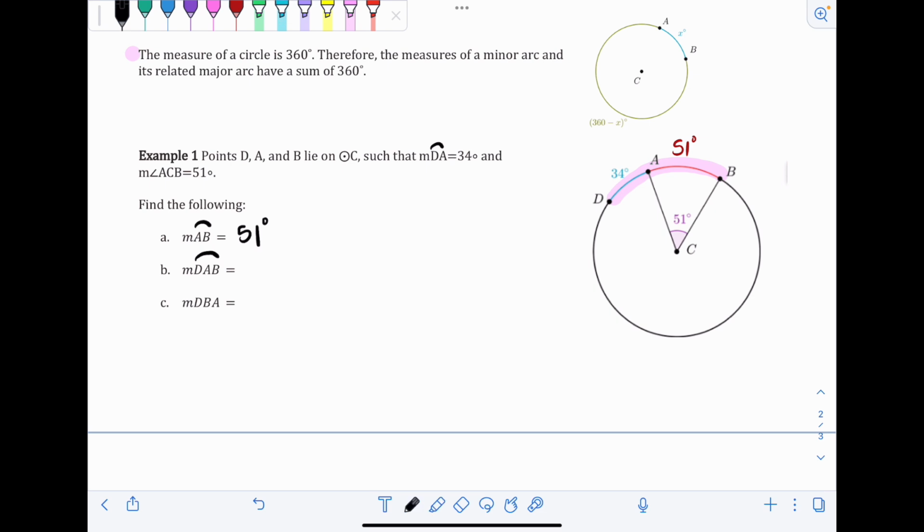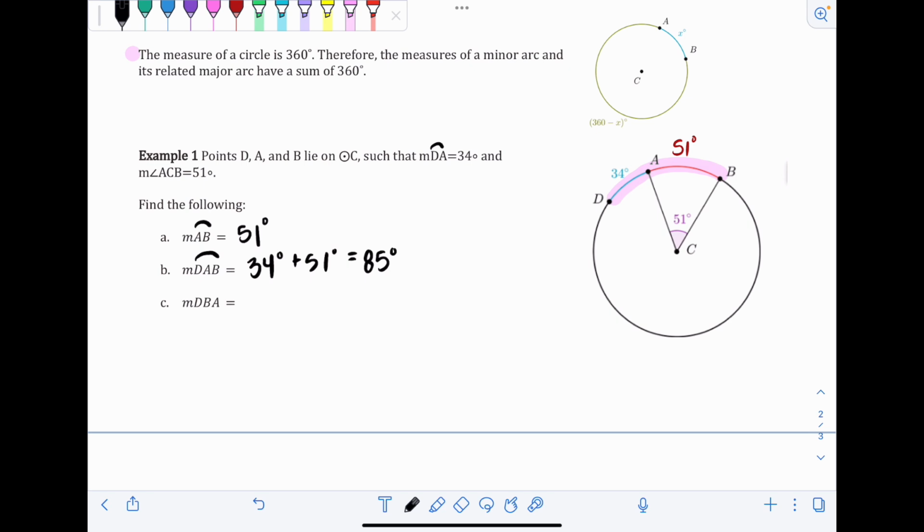So we would just have to do 34 degrees plus 51 degrees to get arc DAB. So 34 and 51 is 85 degrees. So the measure of arc DAB, the two combined ones, is 85 degrees.